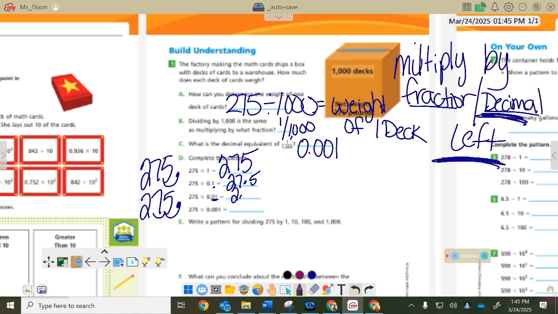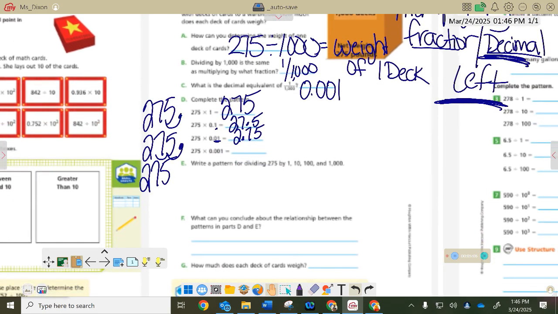That would be 2 and 75/100. Come on, you can do the last one. 275 times 1/1,000. We're moving the decimal to the left. There are 3 numbers behind the decimal, so that is 1, 2, 3, and put your decimal. So that is 275/1,000.